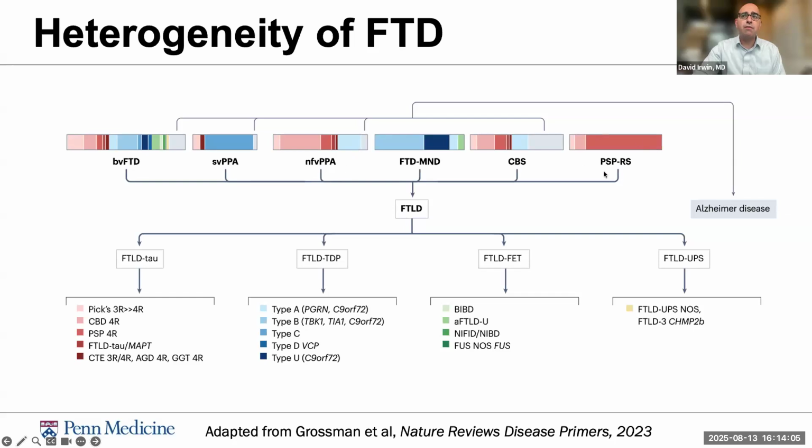With the exception of progressive supranuclear palsy or clinical features of ALS, motor neuron disease, these syndromes can vary, meaning multiple pathologies can present with the same syndrome, including patients who have Alzheimer's disease, plaques and tangles, that can present with FTD syndromes.